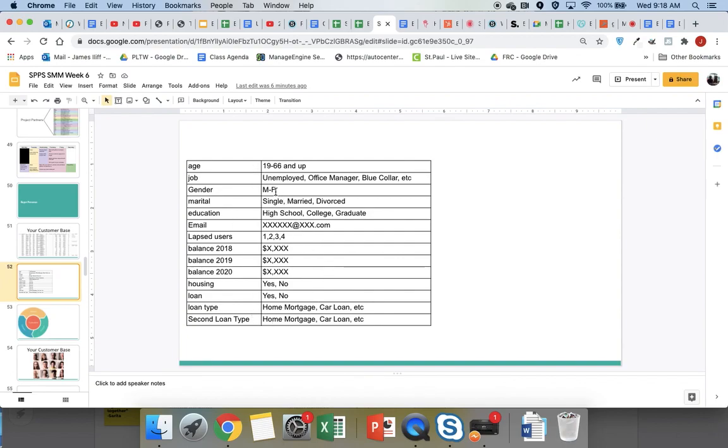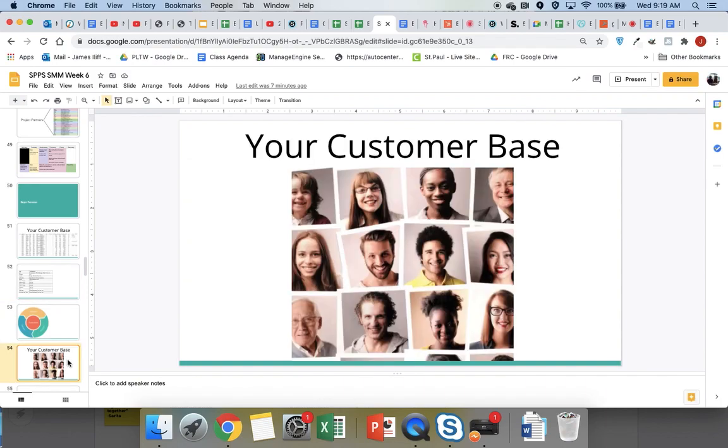Knowing that their gender is female, that they're single, that they have a high school education, that they've taken out a loan for you, that doesn't cut it. That's not enough information for you as a marketer to really customize your products and services and your marketing to each of these individuals.